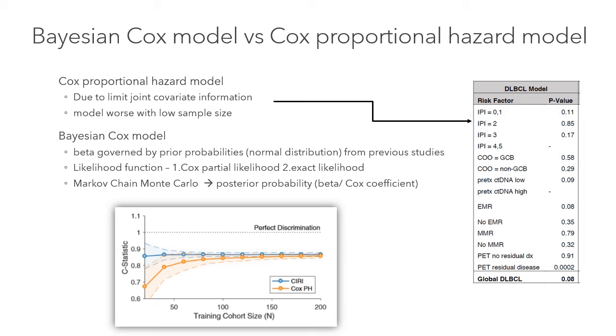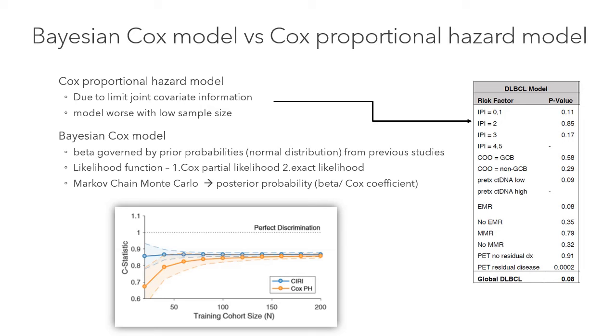And you will see on the right that if we use this number of sample size, there is no significant p-value from each factor, like IPI, COO, ctDNA, and PET scan.